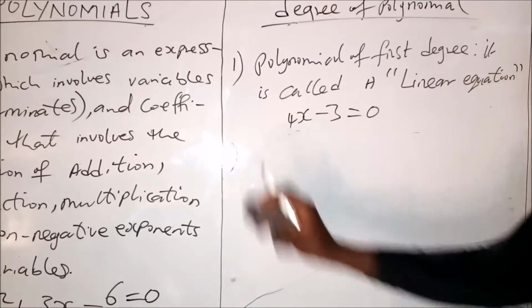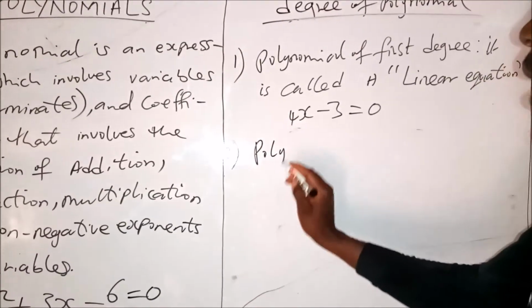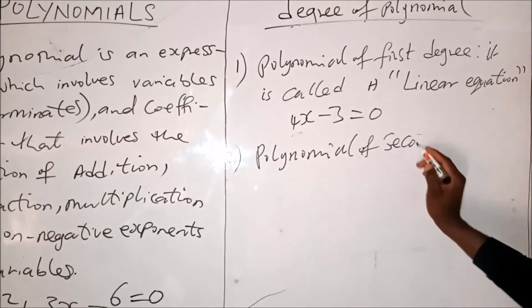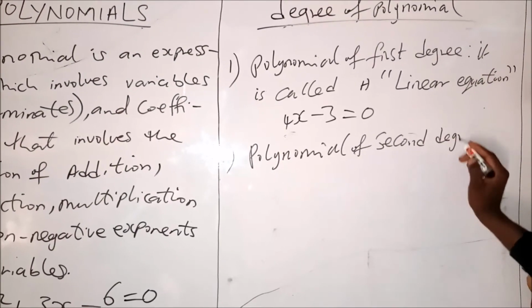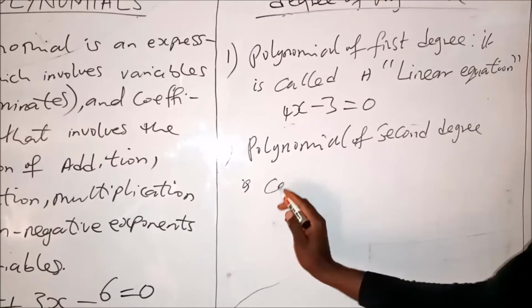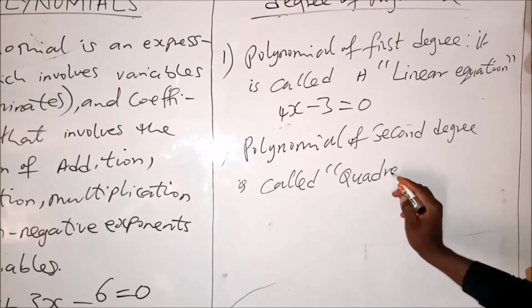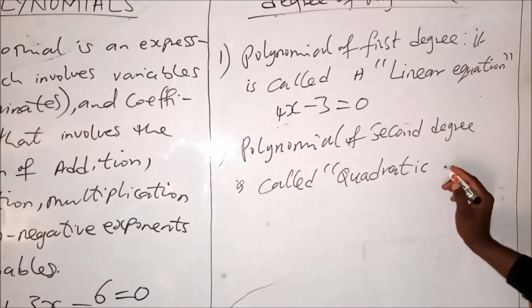But the standard name is this. Polynomial of second degree is called quadratic equation.